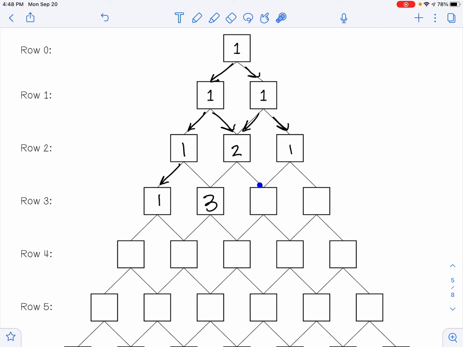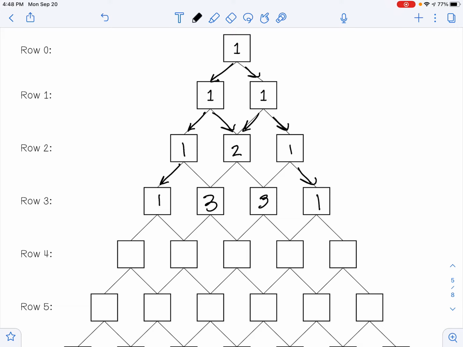To get to this box right here, there's going to be 2 plus 1 ways to get there because there are 2 ways to get to this box and only 1 way to get to this box. So 2 plus 1 is 3. And then for this last one, again, there's only 1 way to get there.